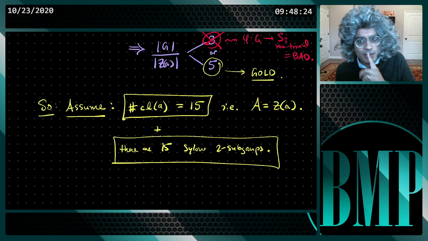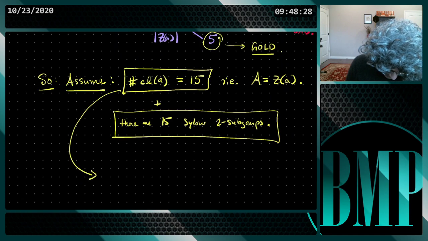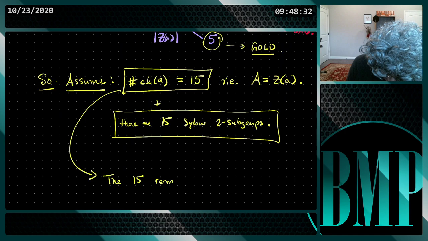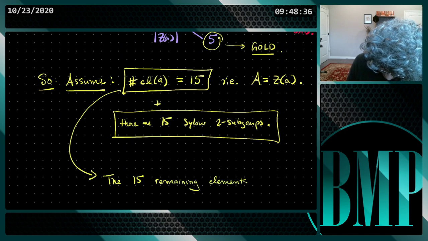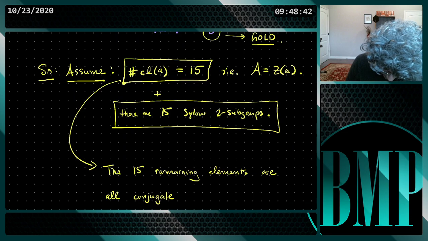But hold on. Look at this carefully. This means that the 15 remaining elements are all conjugate to one another.